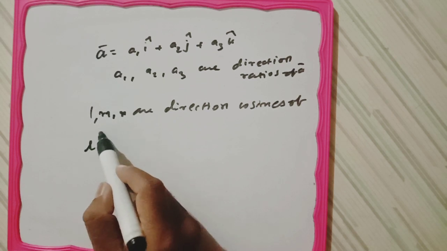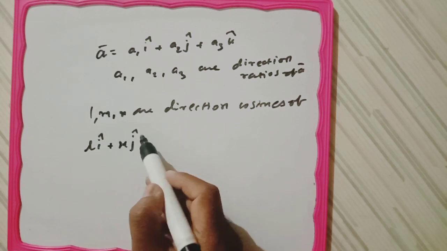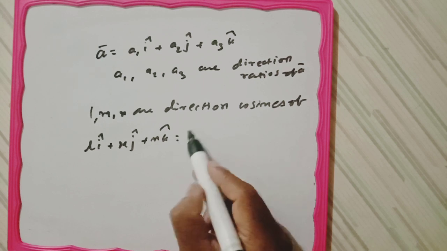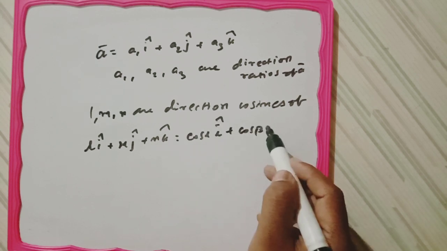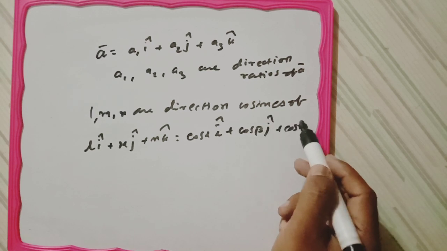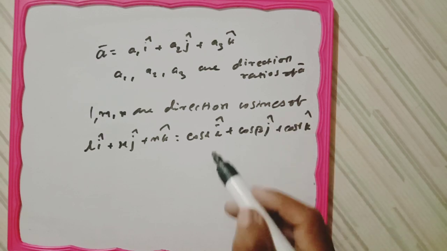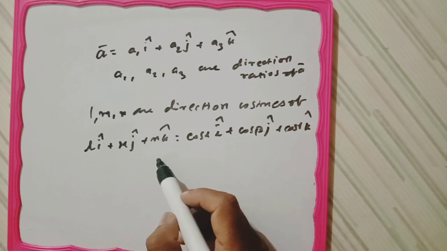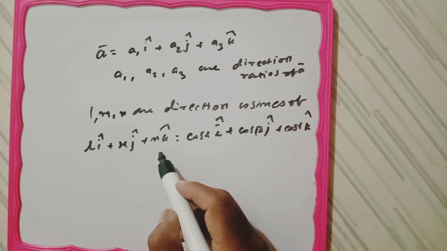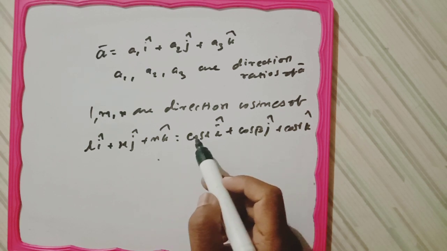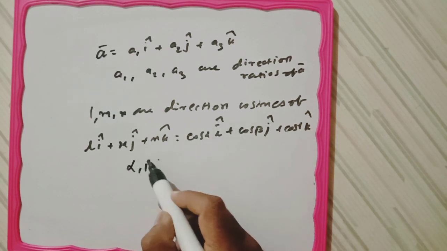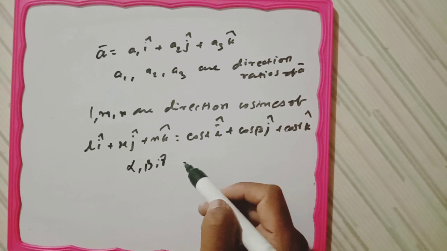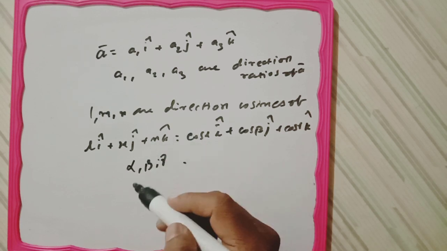Then l i caret plus m j caret plus n k caret equals cos alpha i caret plus cos beta j caret plus cos gamma k caret, which represents the unit vector in the direction of the vector, where alpha, beta, gamma are the angles made by the vector with the axes.